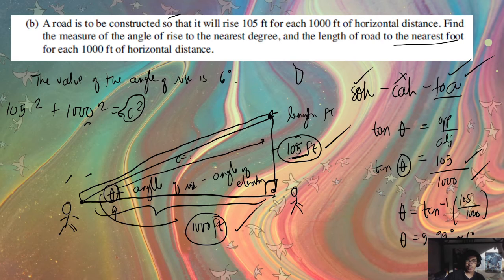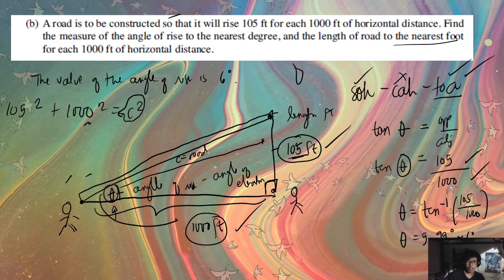To solve for c, let's simplify. We have 105 squared plus 1000 squared, and that's going to give us a very big number.